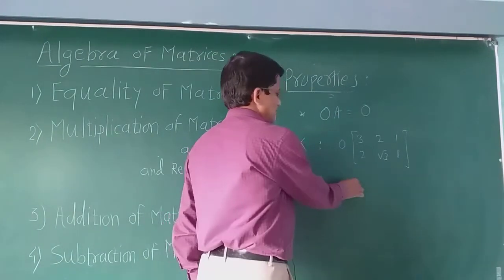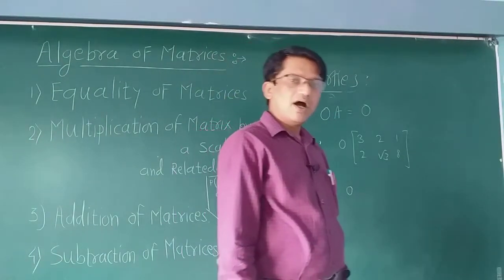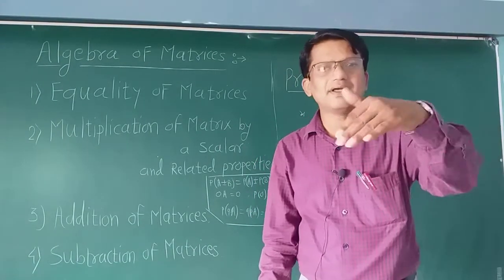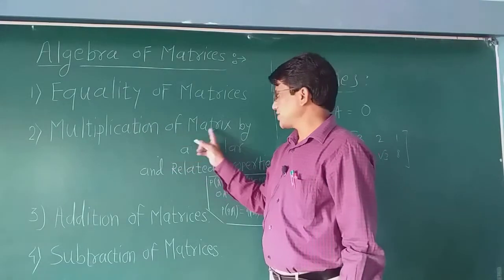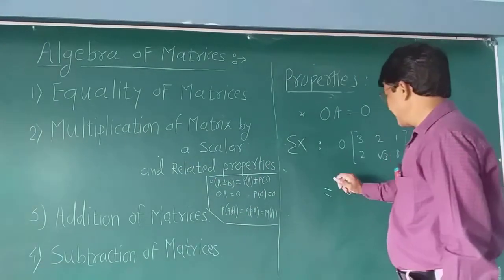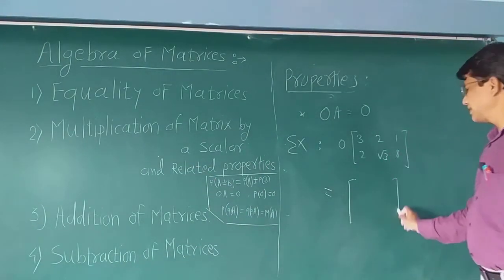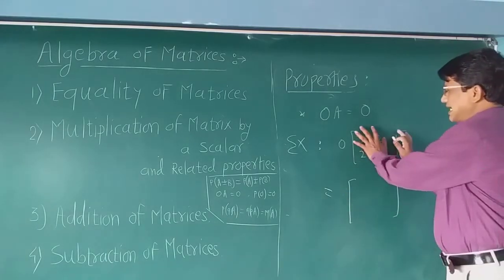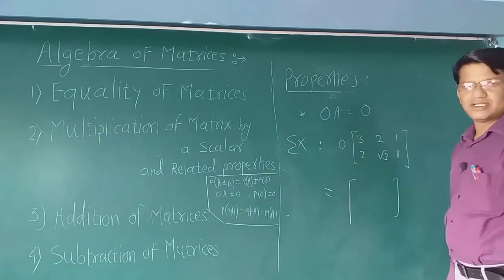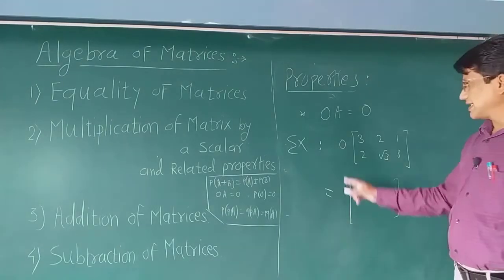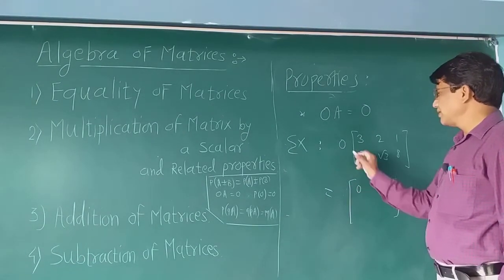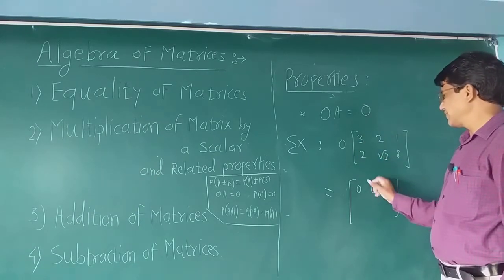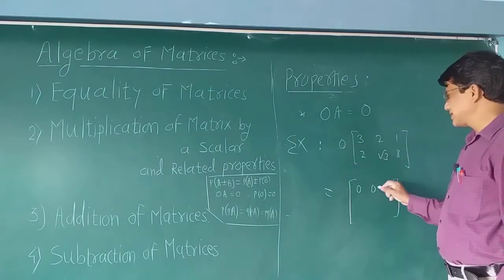Or we can use our first property, that is, multiplication of a matrix by a scalar. Outside the matrix there is a 0 and 0 is a scalar. So multiply this 0 with all elements. 0 multiplied by 3, 0. 0 multiplied by 2, 0. 0 multiplied by 1, again 0.